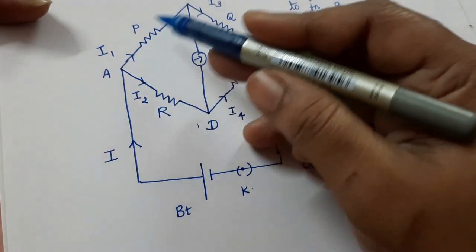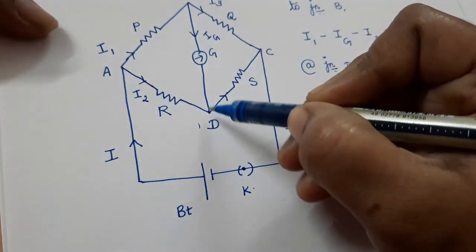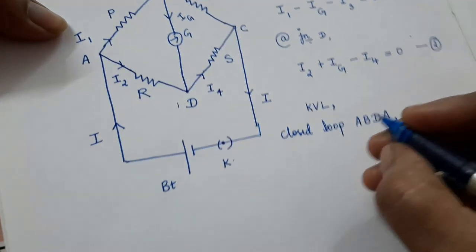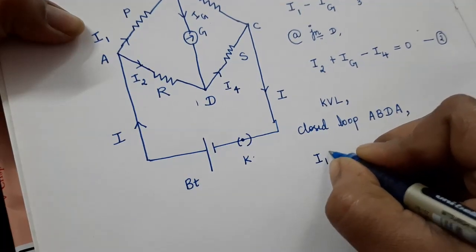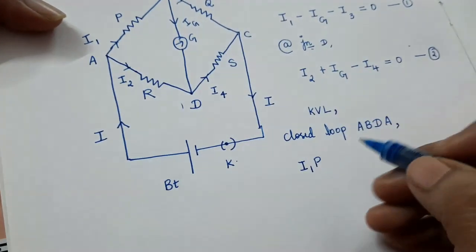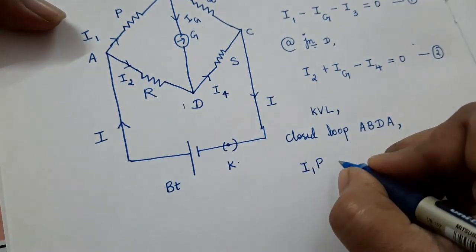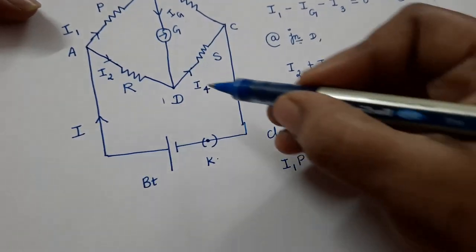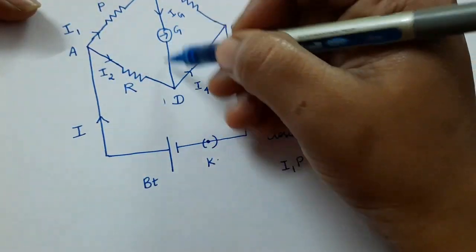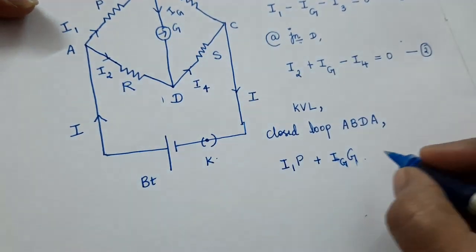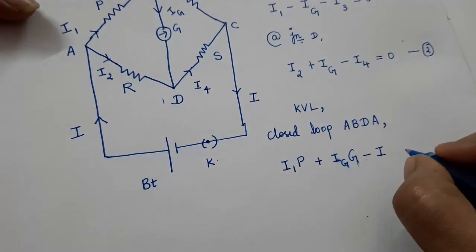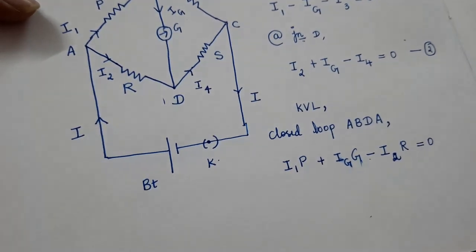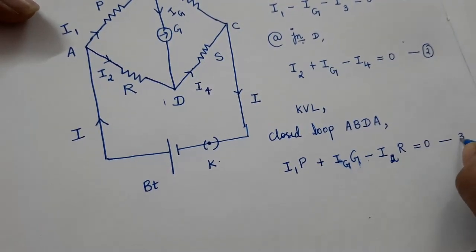The EMF of the loop is equal to 0, and the sum of the current times the resistance: I1 P, plus Ig G, and minus I2 R, will be equal to 0. Let us take it as equation number 3.